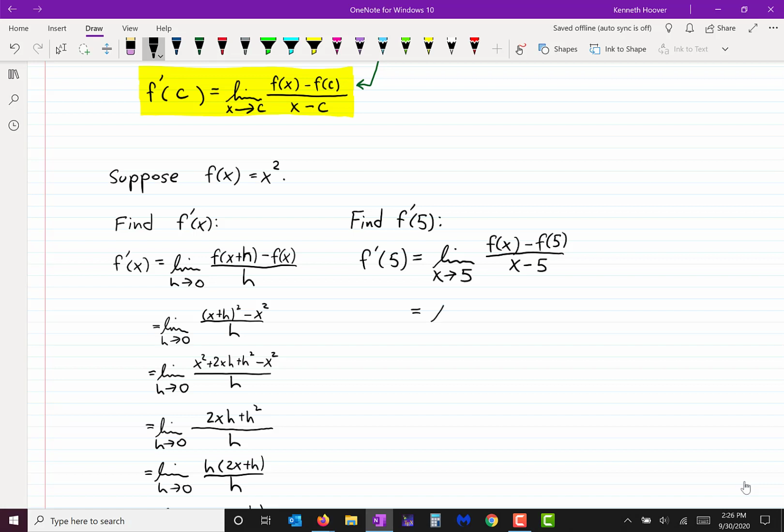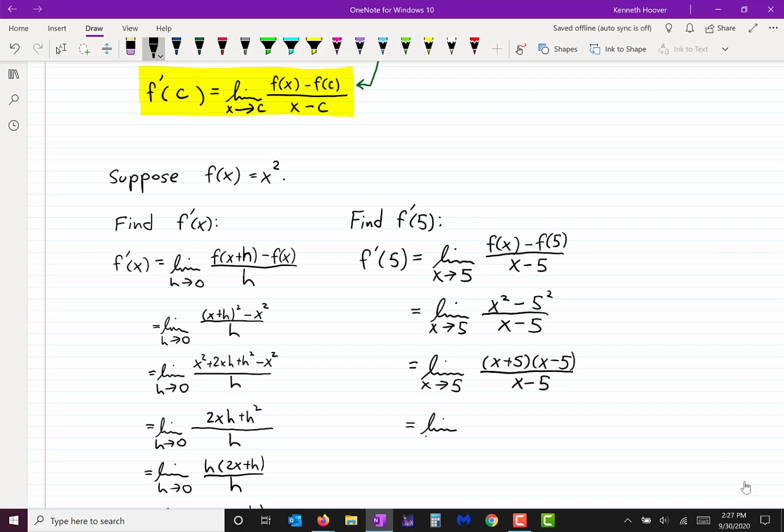That would be the limit of x squared minus 5 squared over x minus 5, which is equal to the limit of x plus 5 times x minus 5 over x minus 5. And then you see the x minus 5's cancel.